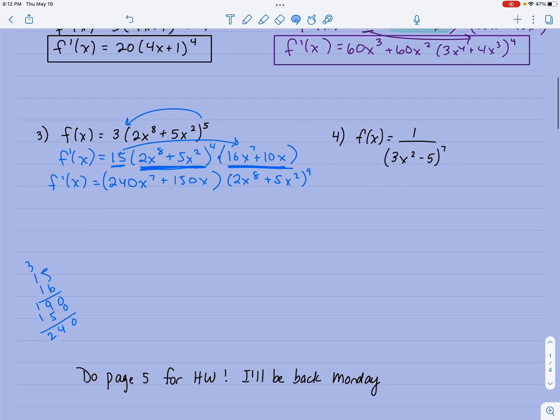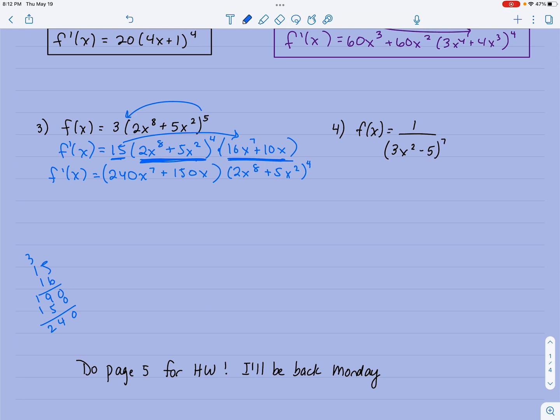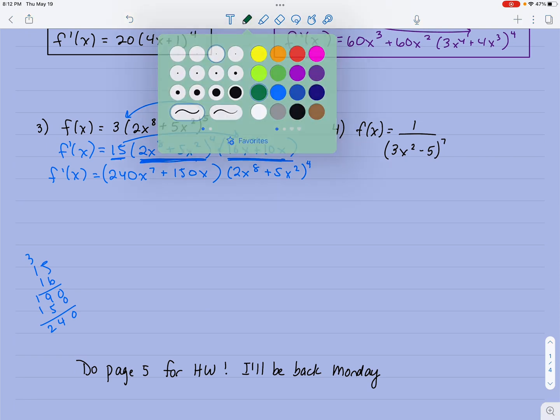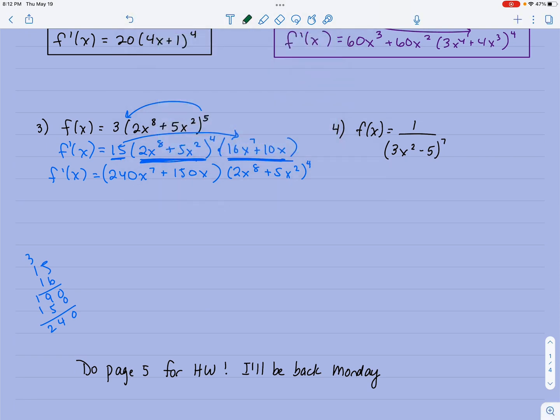So the next one does look like you could use the quotient rule, but you don't have to, because you can just rewrite it with a negative exponent. And then you can just do it the regular way. So the 7 comes out in front, the negative 7, 3x squared minus 5.